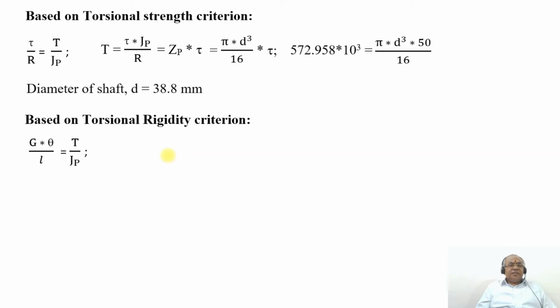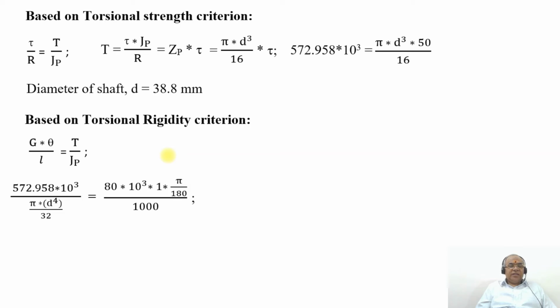Again, T by Jp will be equal to G into theta by L. So we know the torque value, 572.958 into 10 to the power of 3, divided by Jp, which is pi by 32 into d to the power of 4, equal to G, which is 80 into 10 to the power of 3, into 1 into pi by 180, because it is in degrees and you have to convert into radians, divided by the length of the shaft, which is 1000 mm. So on simplification, the diameter of the shaft that we are going to get is 45.2 mm.